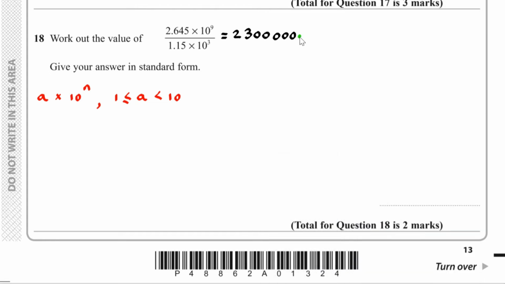Now, if the decimal point is here, we need to move this decimal point 1, 2, 3, 4, 5, 6 places to the left. So I've got 2.3 times 10 to the 6.